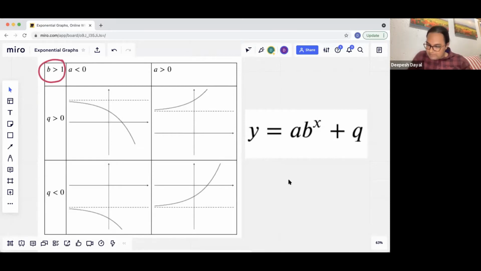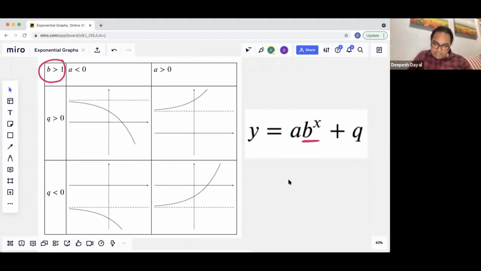And that's b, here's b here. If b is greater than 1, for example 2, and a is less than 0, and q is greater than 0, then we have this graph here.